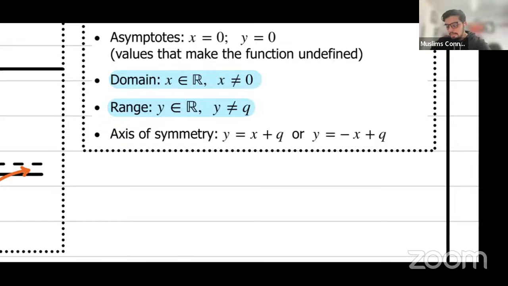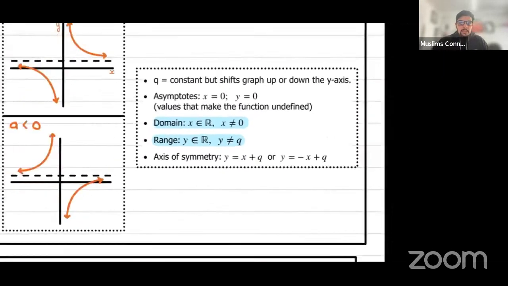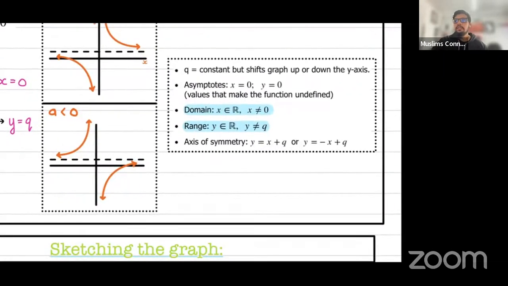Okay, one second. Right. Now, axis of symmetry. We'll discuss the axis of symmetry in a second.